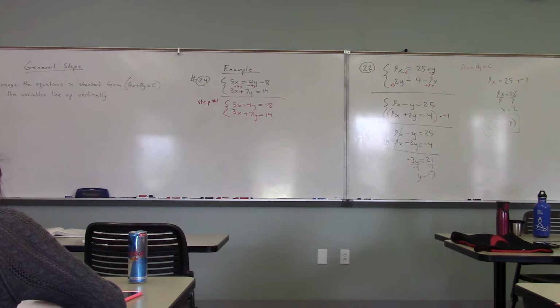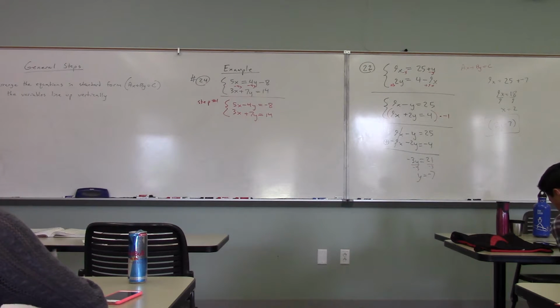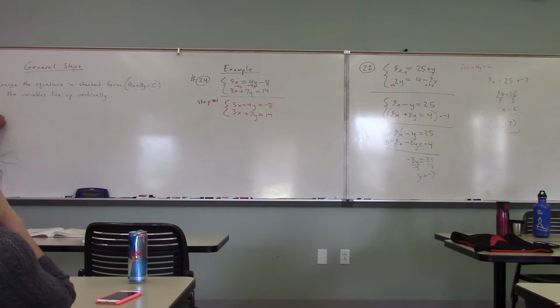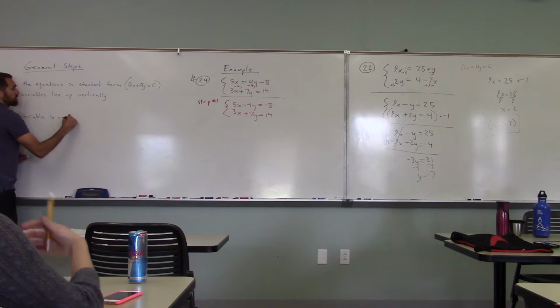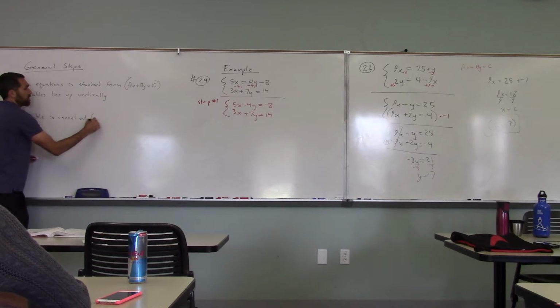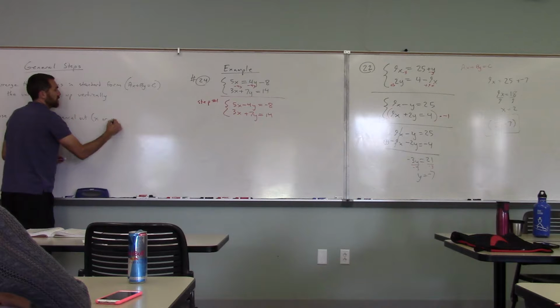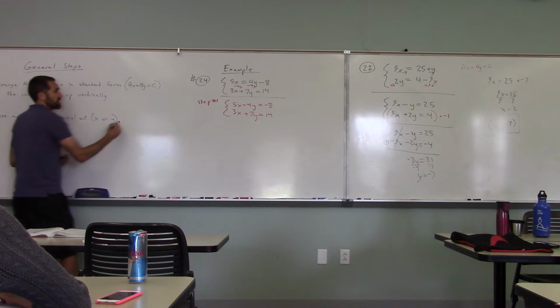Step 2 is the big step, right? Step 2 is choose a variable to cancel out, x or y. Okay.